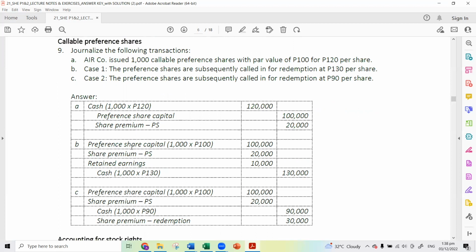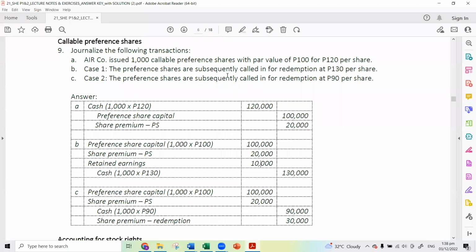Are derecognized, okay? When the shares are called for redemption, okay? If the redemption price, ito yung redemption price, exceeds the original issuance price, the excess is debited to retained earnings.